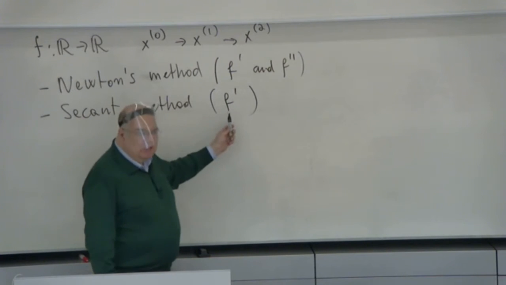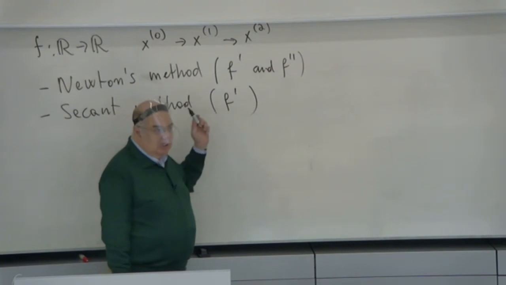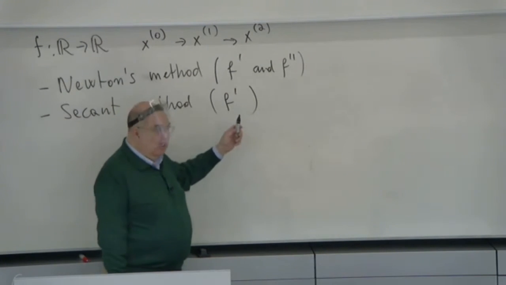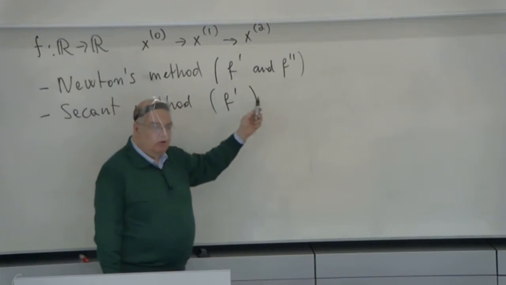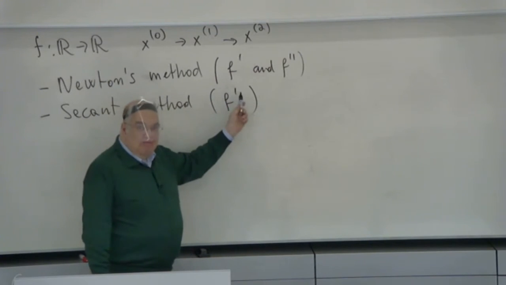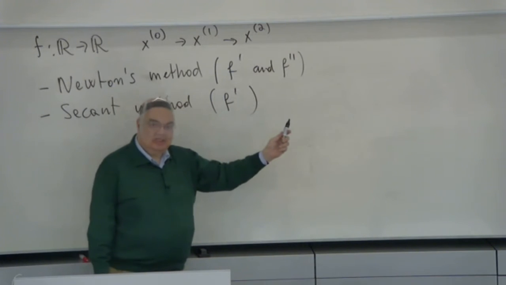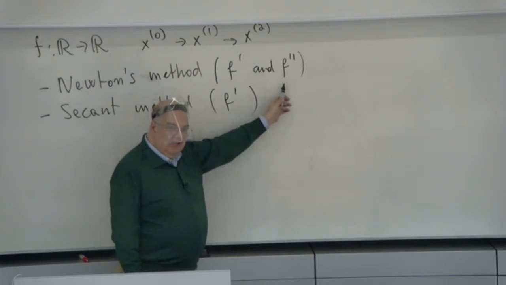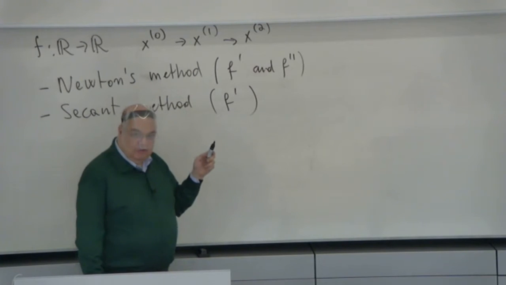But think of what this means for a multivariable function where the inputs are, say, n, with n large, and the output is a function of n variables. So computing an f prime means computing a gradient, which is n functions. And computing the second derivative means computing the Hessian, which means n squared functions.